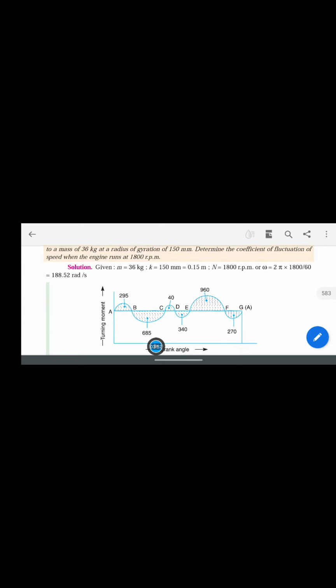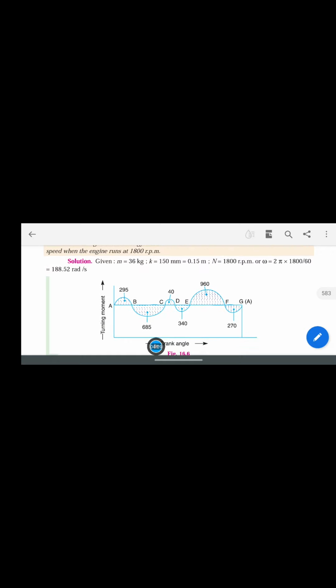He asked us to calculate the coefficient of fluctuation of speed. For every problem we need to follow the reverse order, nothing but we need to start with what he has asked us. From that step only we need to start the problem.